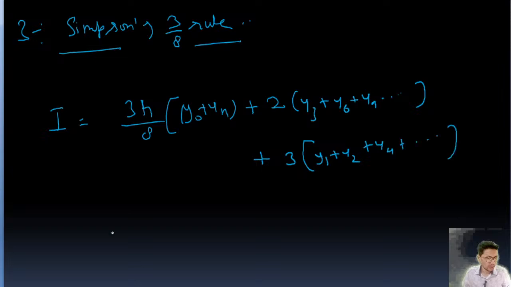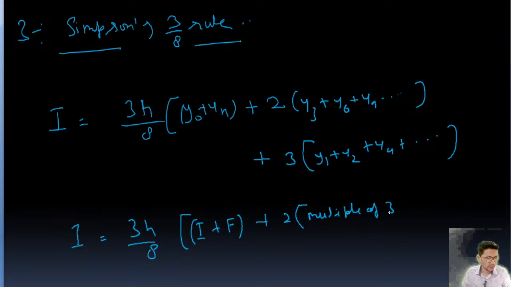Or we can write I equal to 3h upon 8 into initial term plus final term, plus 2 into multiples of 3, plus 4 into all the remaining terms. Correction: it is 2 into multiples of 3 and 4 into the remaining terms, not 3.